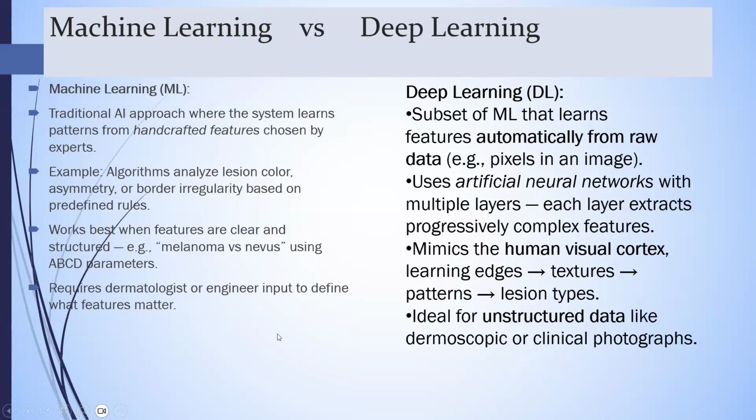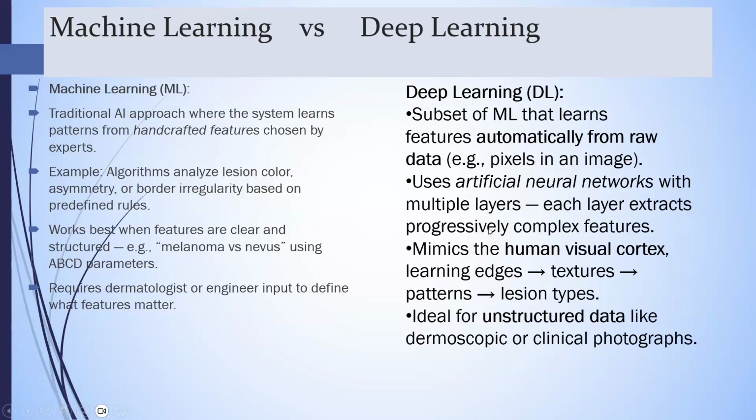For our skin, the vascular pattern, to be very honest, is not going to be very clear because we are skin of color. So for us, the pigment pattern will be important, and this pigment pattern is also going to be difficult for us because we are already pigmented. We have to look at some intricate changes in the pigment. And deep learning, as I told you, studies in pixels, which obviously we can't do as human beings.